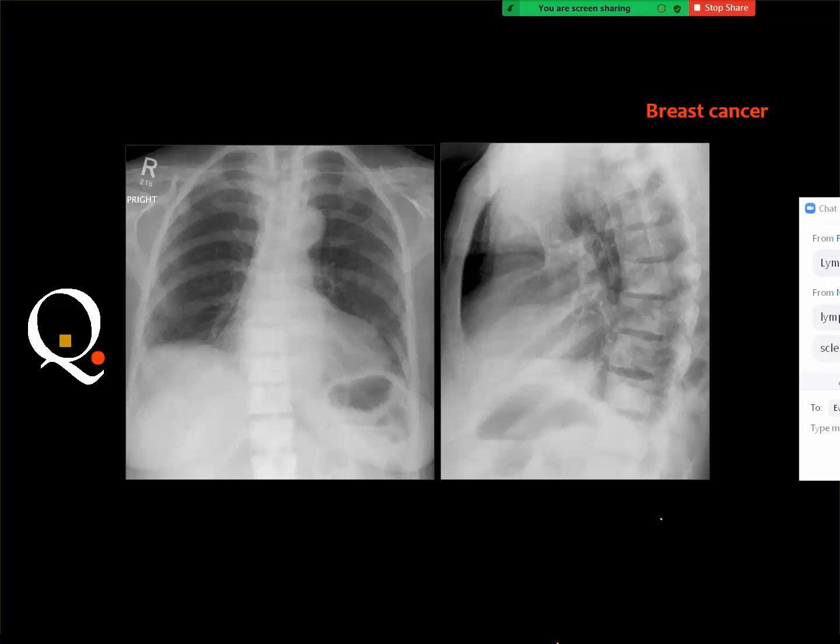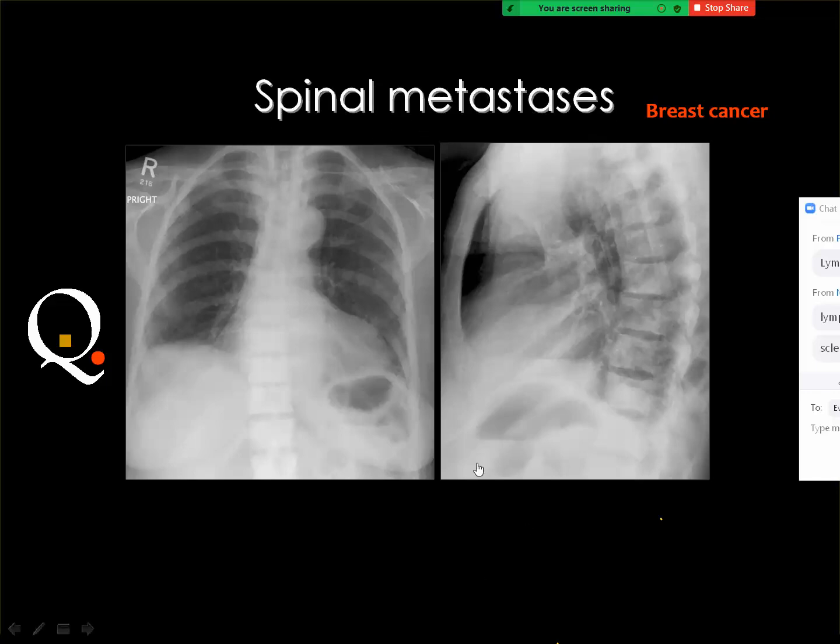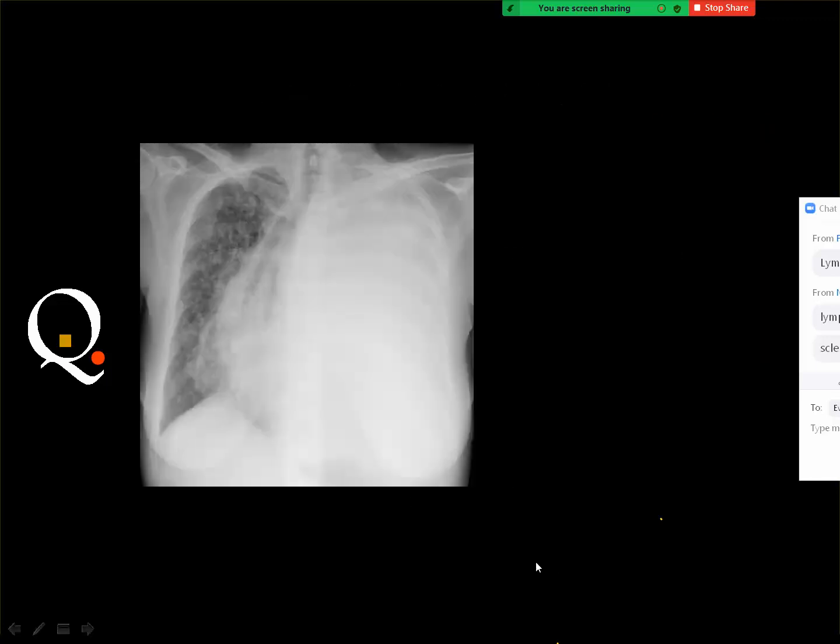Yes, the answer is right, and this is sclerotic deposits, and this case is provided to let you know: if you are reviewing chest cases, don't concentrate only on the lung and the heart and mediastinum, but look also at the skeleton. The chest may be absolutely normal, but the skeleton is not, and these are metastatic sclerotic deposits.